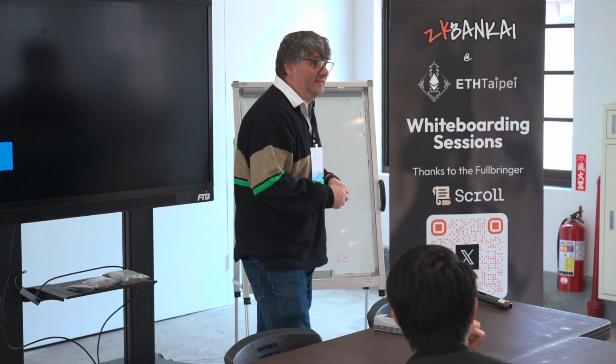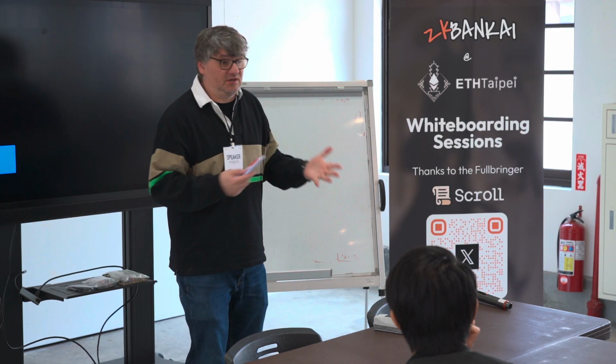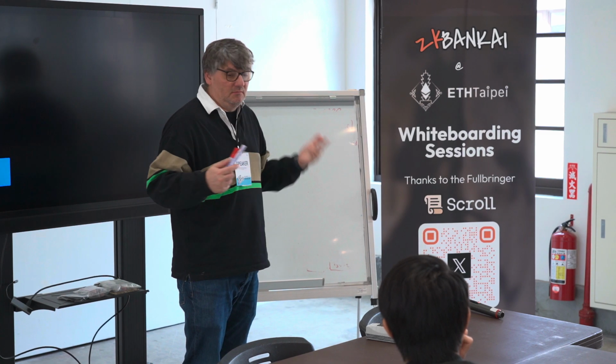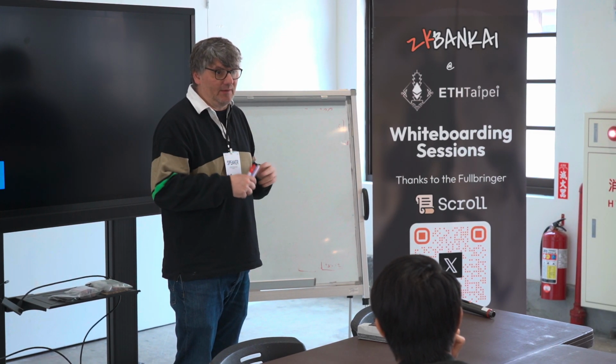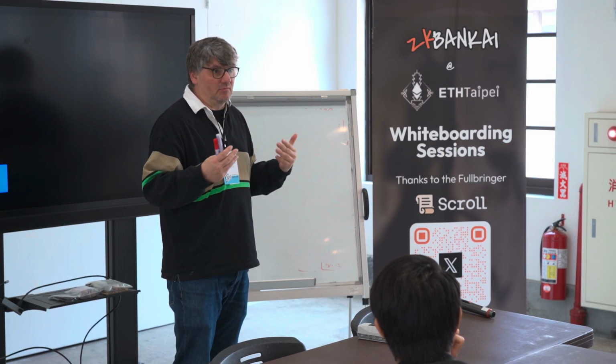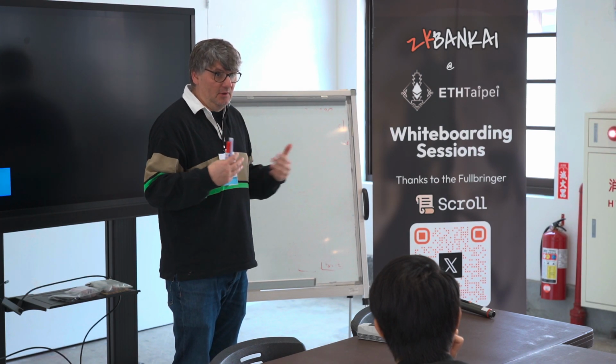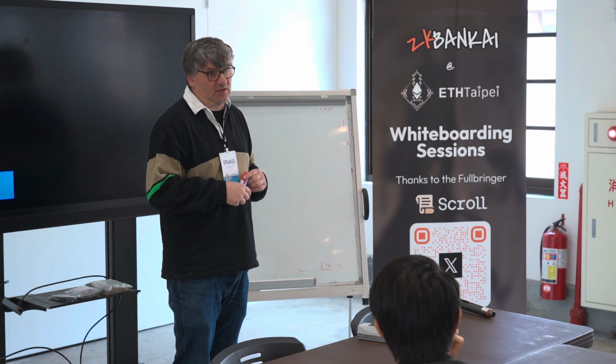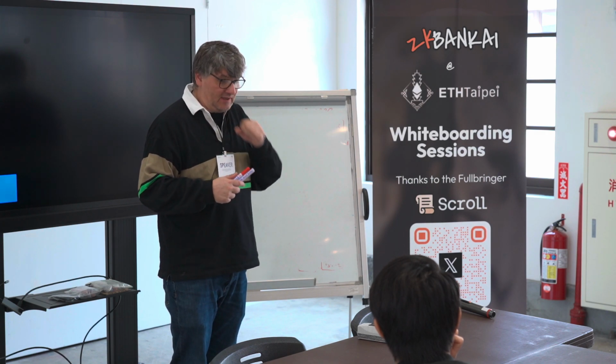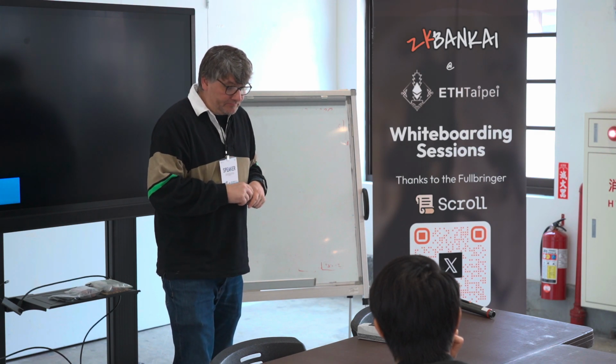Well, as you know, the aggregation layer is very much the technique for when you have many chains, many roll-ups. The idea is to communicate, or transfer value, between one chain and the other.